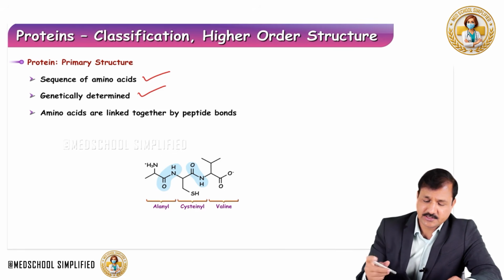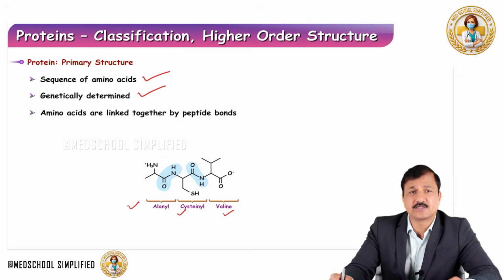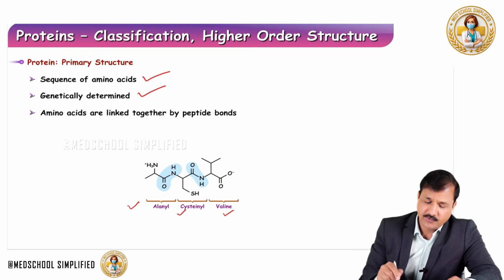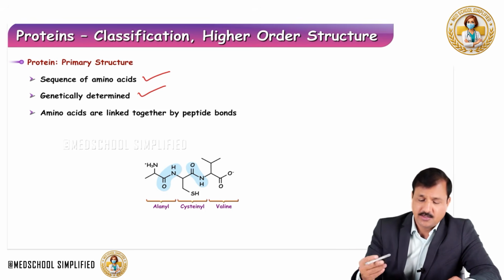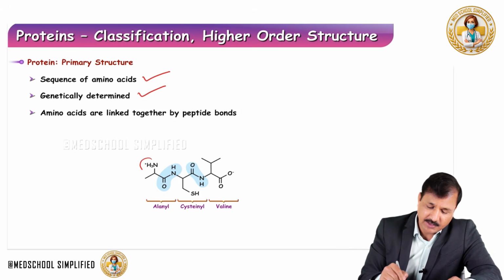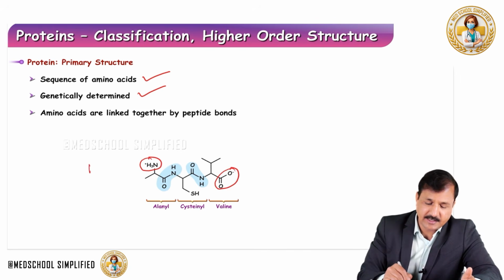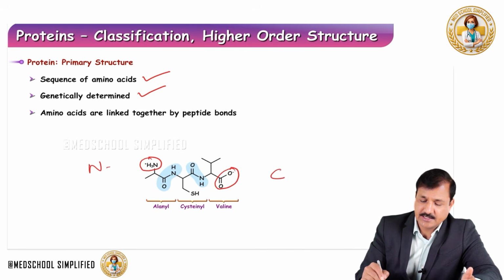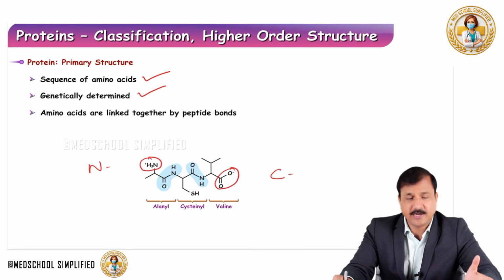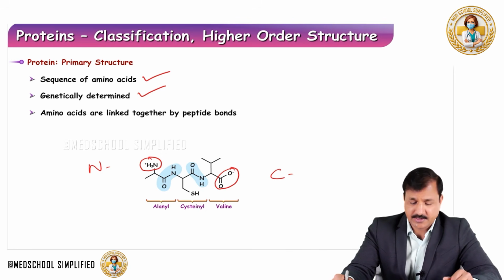Always remember, when we write amino acids, we start from the amino end, the N terminus, and go towards the carboxyl end, the C terminus.